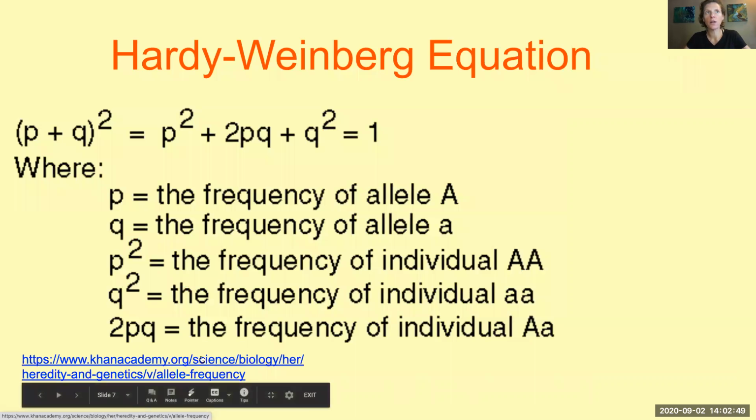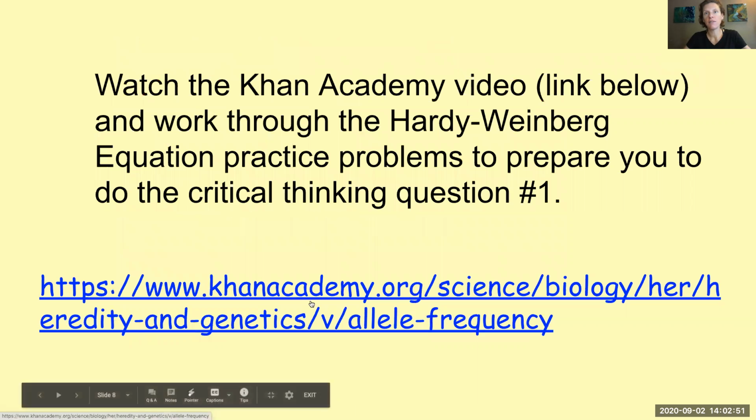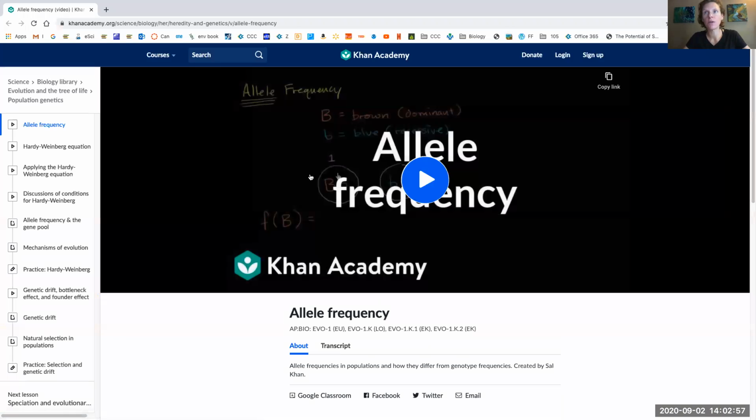I direct you to the excellent video from Khan Academy. Opening it in a new window, it starts off telling you about allelic frequency, then the Hardy-Weinberg equation, then applying the Hardy-Weinberg equation, and then discussions of the conditions for Hardy-Weinberg.